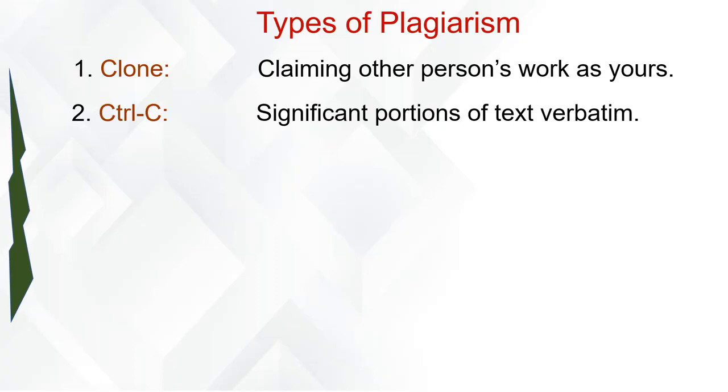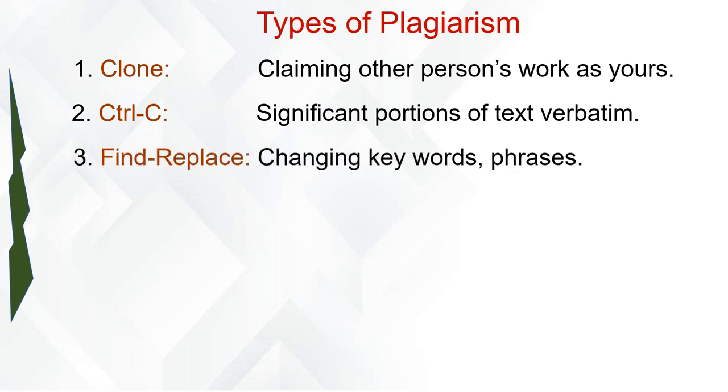Control C means that if someone is just copying something from another source and pasting it in his document verbatim, without changing a single letter or word, without giving any original citation, without acknowledging the source, that is called Control C type of plagiarism.